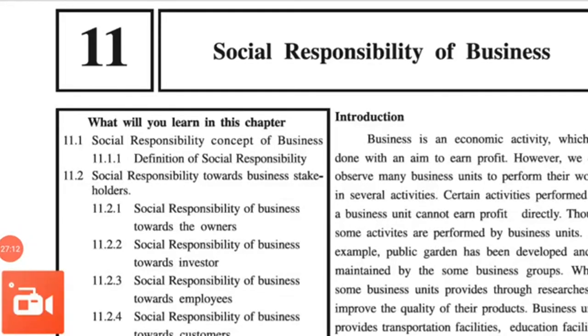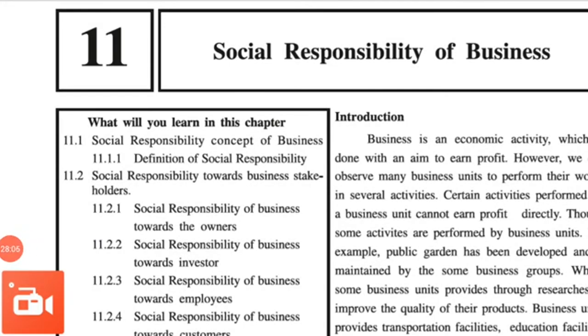Then chapter 11, social responsibility of business. First, the meaning of social responsibility, what are the social responsibilities of business and why does business have responsibility toward society? Because any business, whether sole proprietorship, partnership or company, is doing business with some finance from the public.